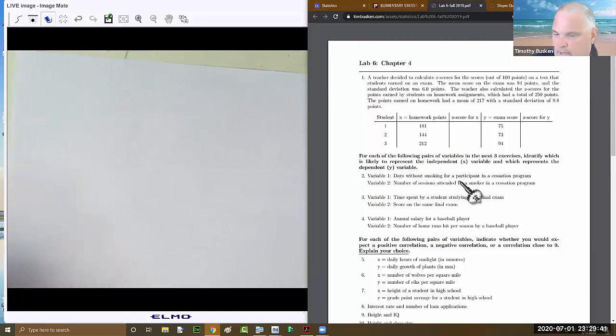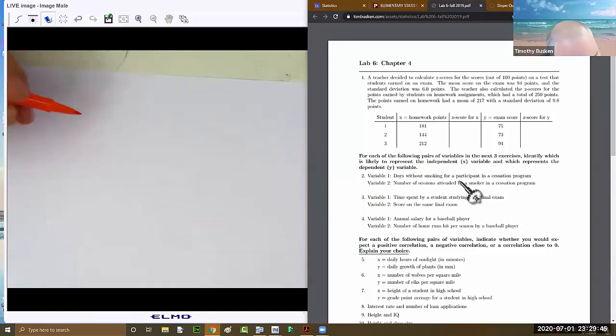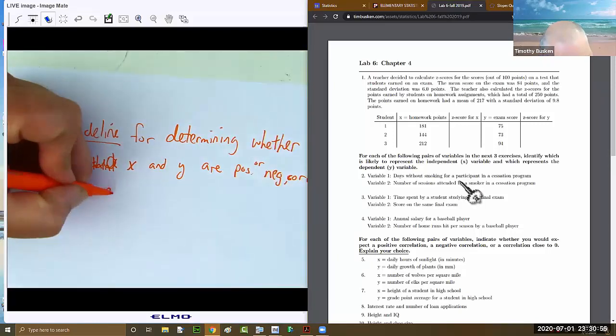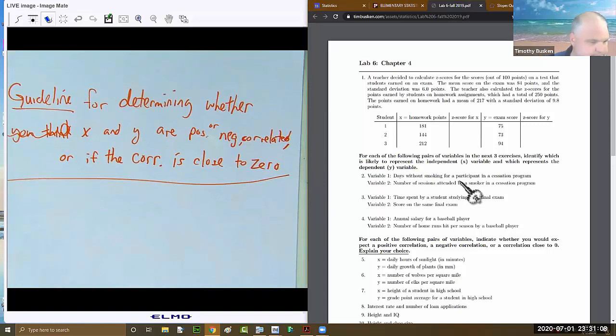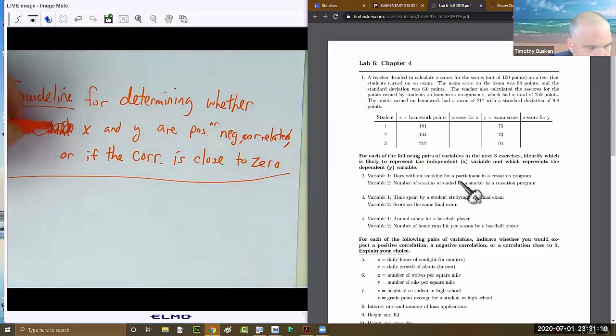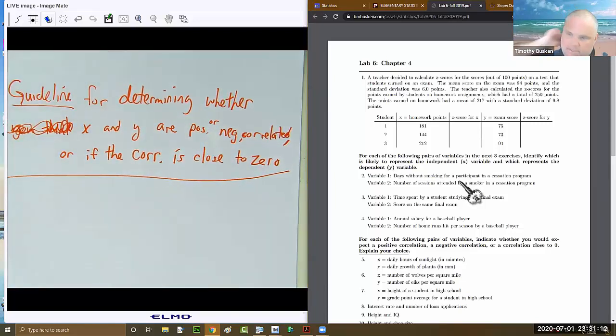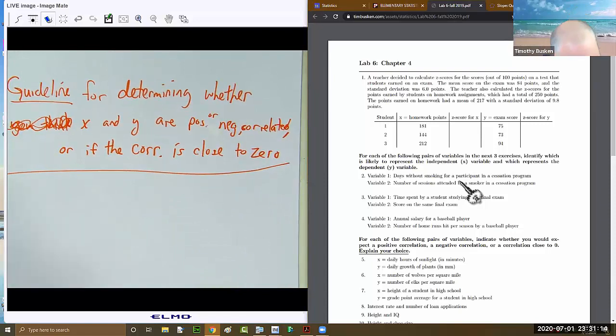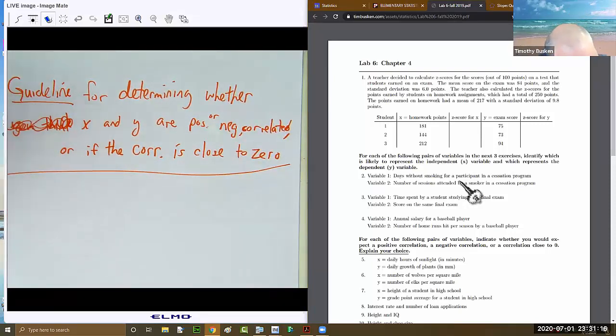So let me go ahead and summarize those facts for you here. Okay, so I'm going to give you a guideline for answering this question. I already said it, but here it is again. Whenever I try to answer a question of this flavor, I have to ask myself, what happens to the y variable when x is increasing?